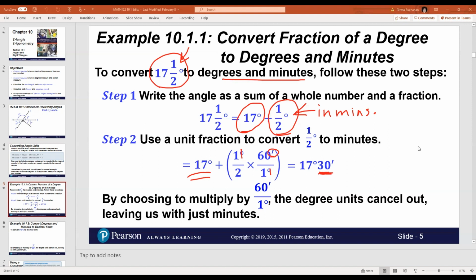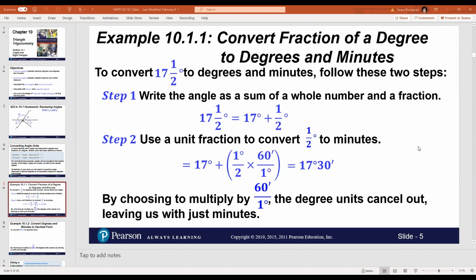So let's do one that's not quite as obvious as that. I'm going to just throw something in over here to the side. So suppose I had, for example, 5/8 of a degree, 5/8 of a degree. And I need to convert that to minutes.